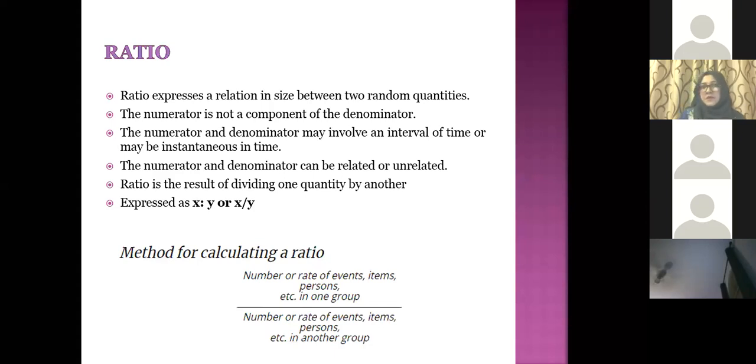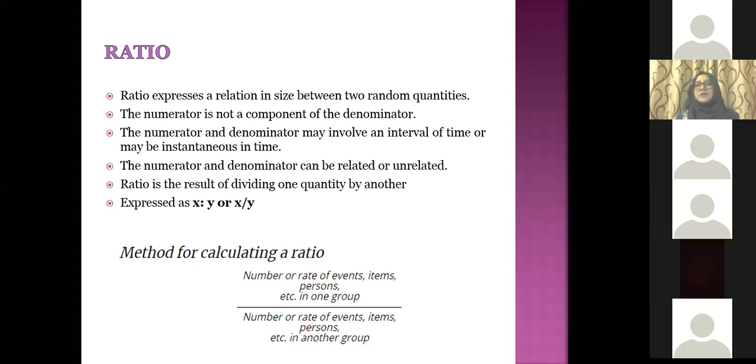So it is not a hard and fast rule that the denominator and numerator must be the same. It's okay if they are not related, or if they are related, that's fine too. The numerator and denominator may involve an interval of time, or may be instantaneous in time. The numerator and denominator can be related or unrelated to each other.